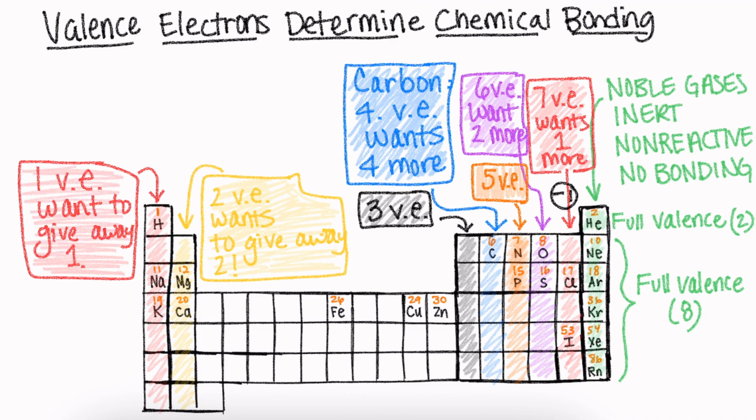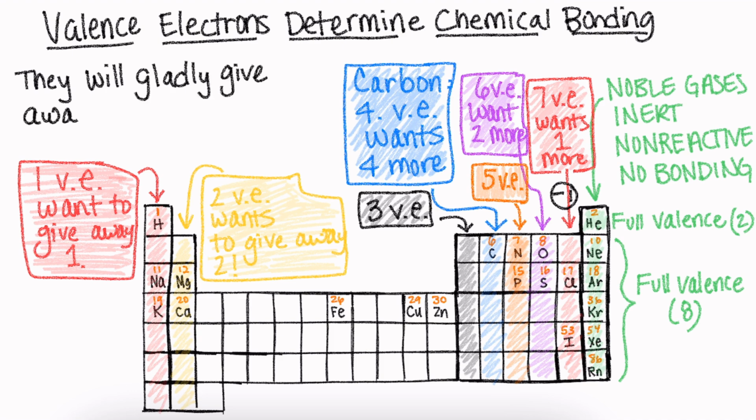These 2 columns are so unstable with their current valence electrons that for the most part, what we will see is that they will gladly give away 1 or 2 electrons. And they do this to become more stable.